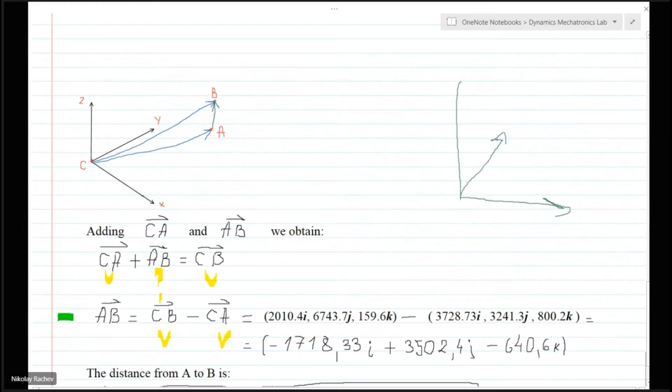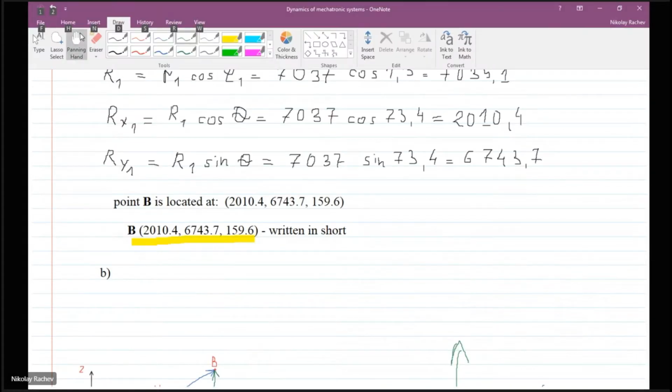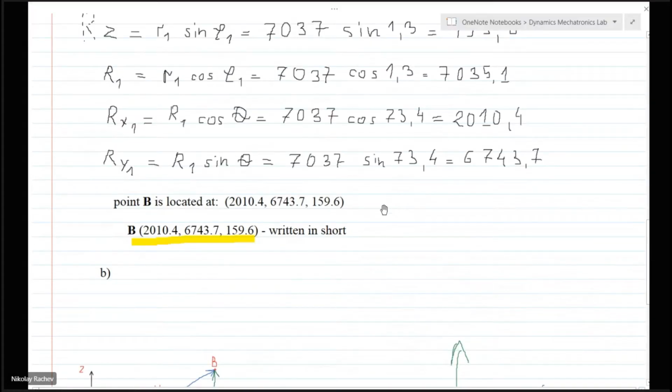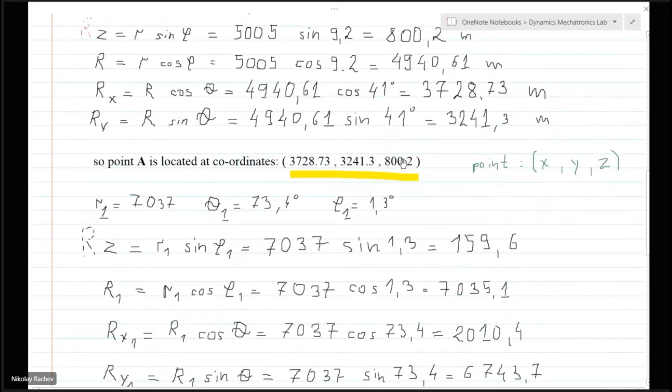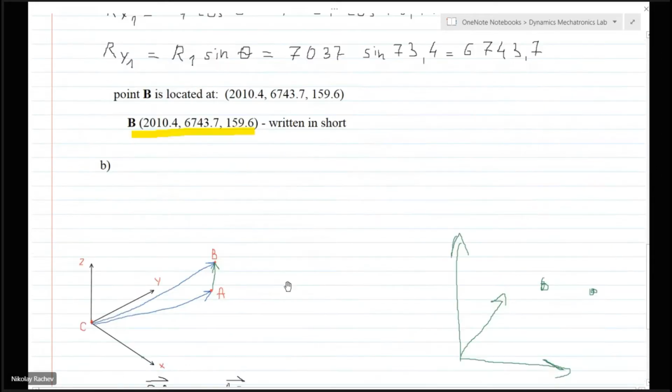Once again, my coordinate system, point A, point B. According to our calculations, Z, the K's, I'm sorry, point A is at a higher position related to point B. So I will leave it like that. All right, no problem. A and B.